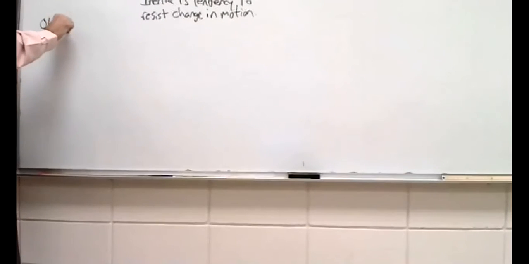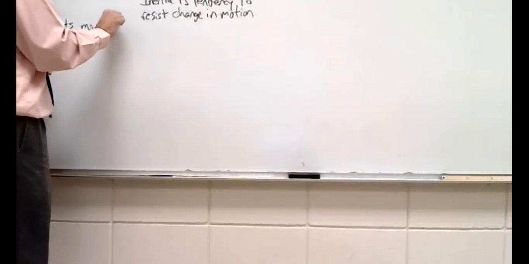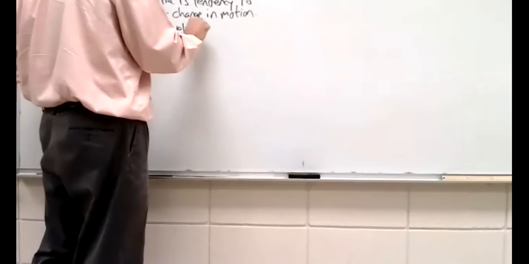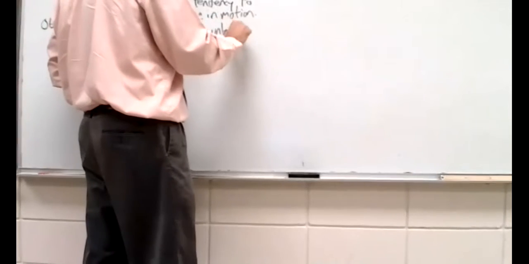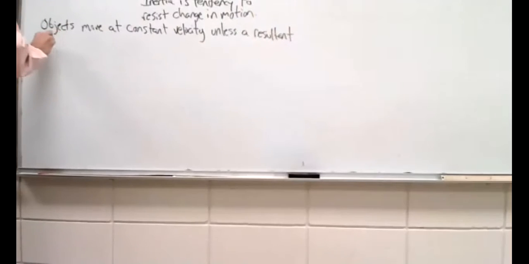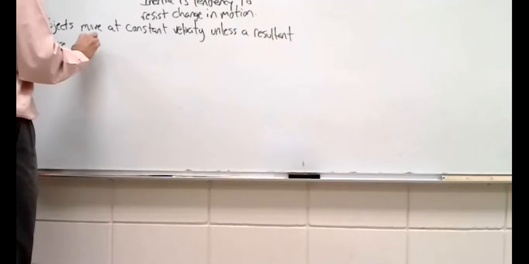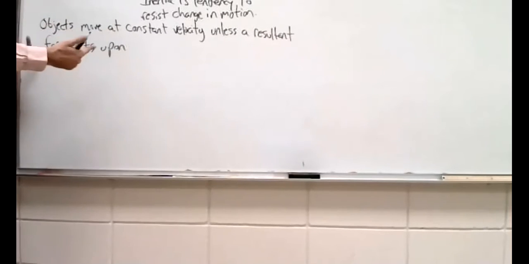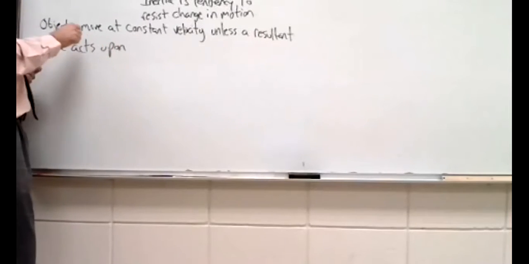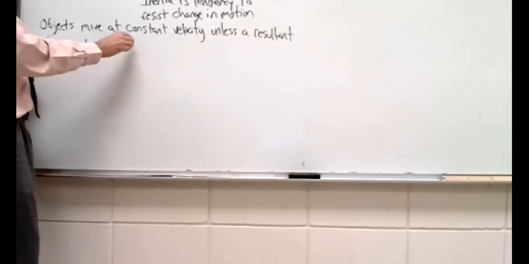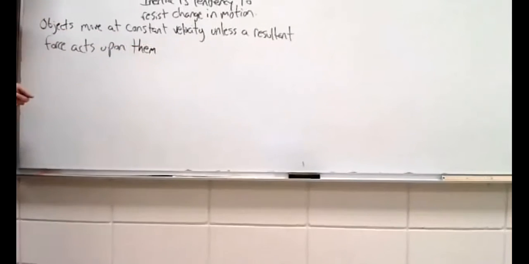So objects move at constant velocity unless a resultant force acts upon them. Objects, them, subject-verb agreement. An object will move at constant velocity unless a resultant force acts upon it. So that's the first law.